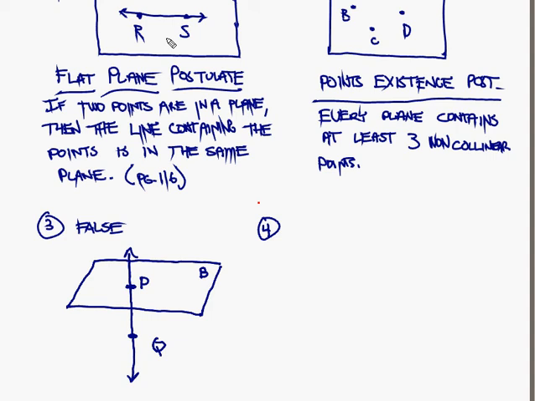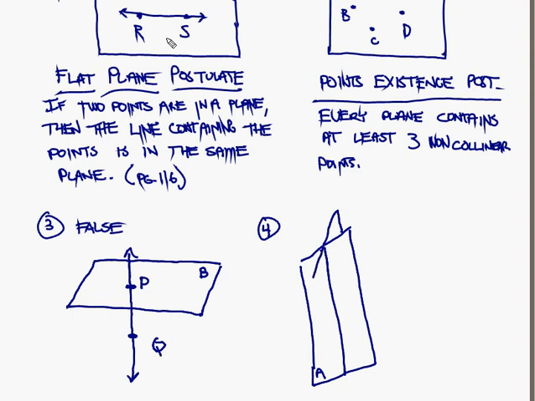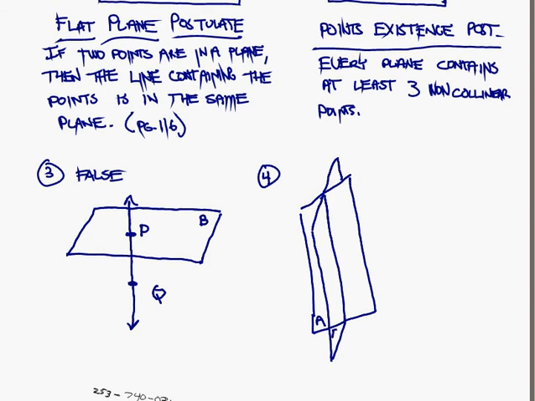If I take any two planes, if I say this is plane A right here, and then I say this is plane B right here, their intersection is going to be this line right here. And that's the intersection for those two planes.